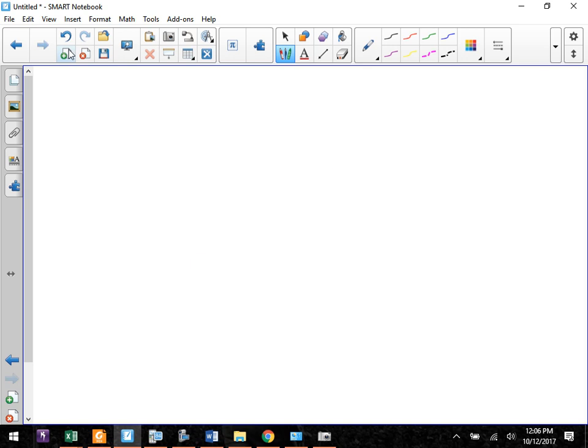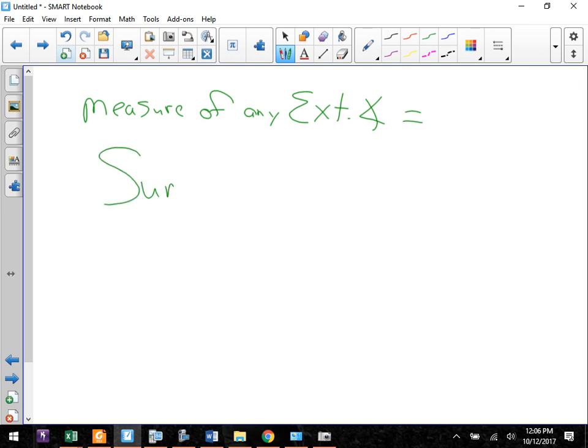Here's what happens. The measure of any exterior angle always equals the sum, which means the addition, of the two angles it does not touch.